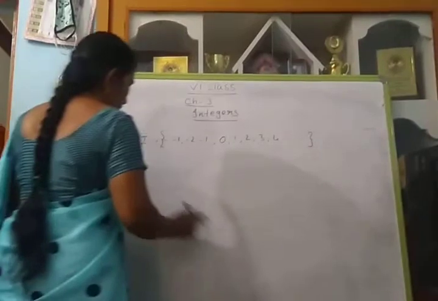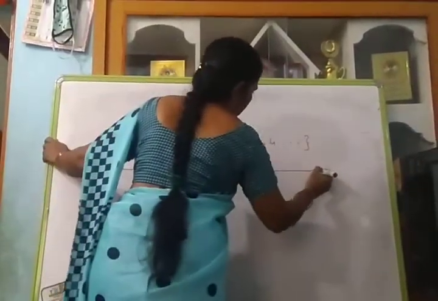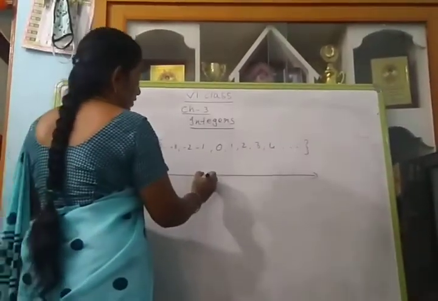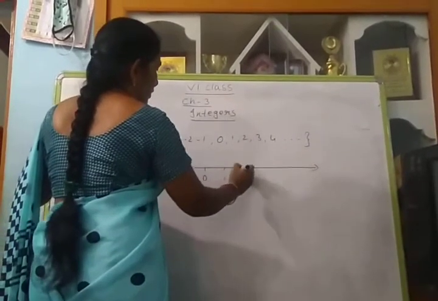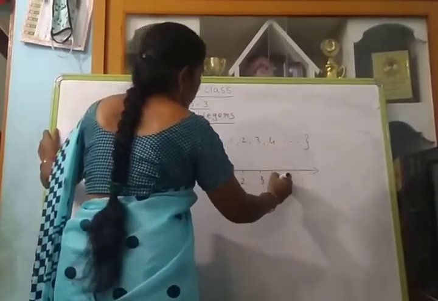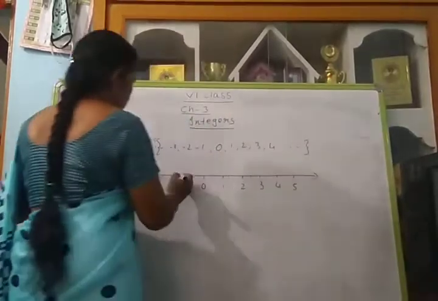When we are representing integers on the number line, exactly in the middle we have to write 0. On the right side of 0 are positives, on the left side negatives. We have to take the same distance between each number.